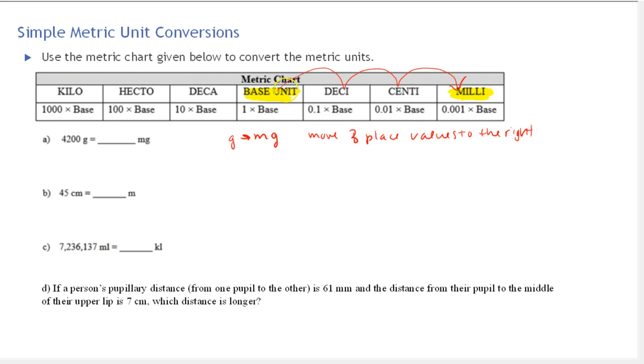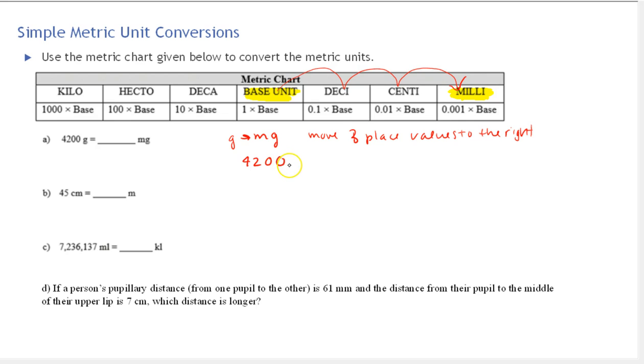A base unit is larger than a milli-unit, so there'll be 1,000 times more milli-units than the base unit, and that's why we're going to move 3 to the right.